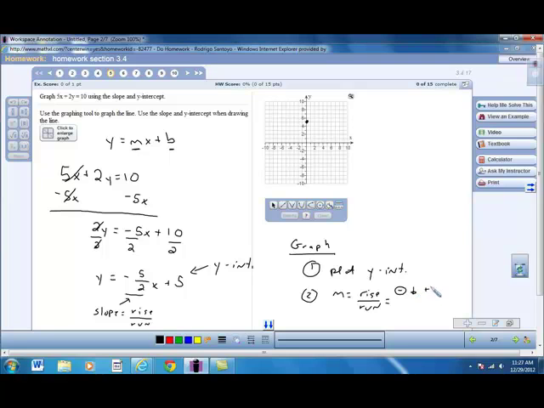When it's positive, you're going to rise up. And we will always run to the right. Here we have a negative slope, negative 5, so we go down 1, 2, 3, 4, 5, and we run 1, 2. Now we've got our 2 points. You connect these dots, and we have our line there.